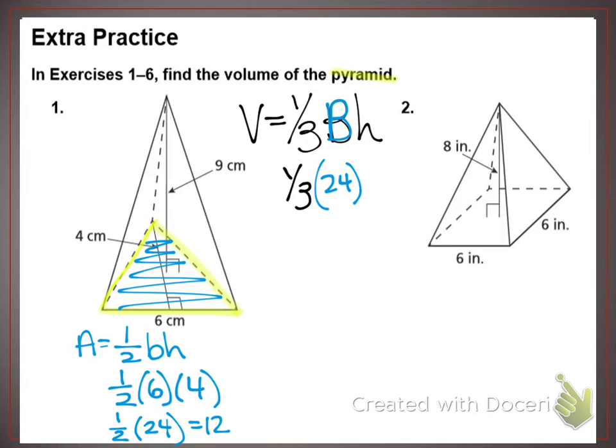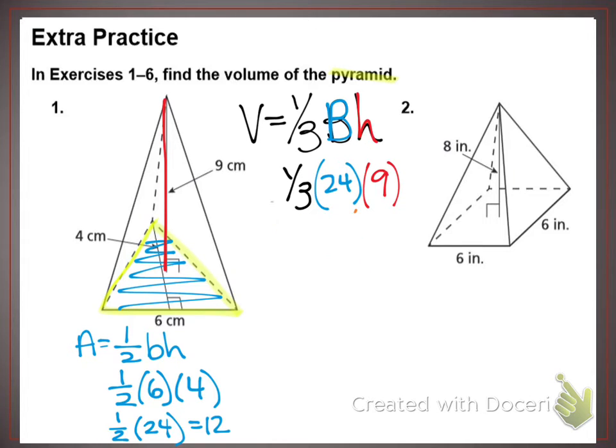What is the height of the whole pyramid? It is 9. So you can do this one of 2 ways. Personally, I think it's really easy to find 1/3 of some of these numbers. What's 1/3 of 24? 8. You could do 8 and then drop down the 9. 8 times 9 is 72. That's option 1.